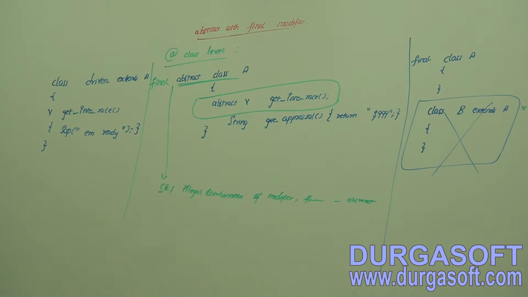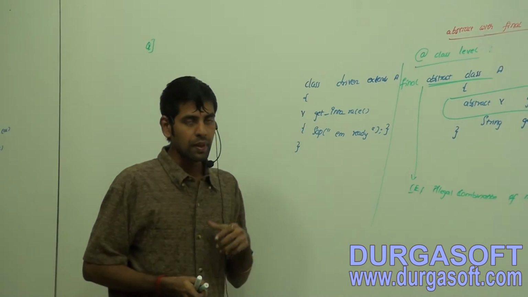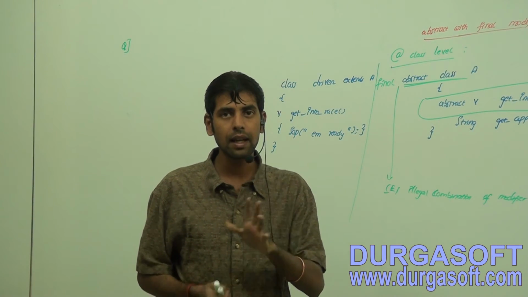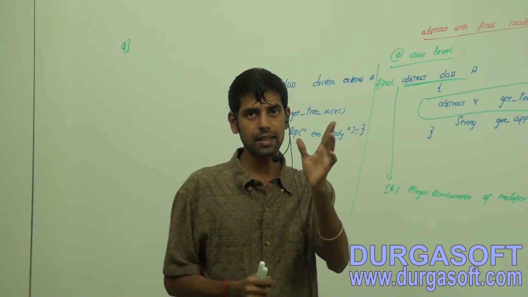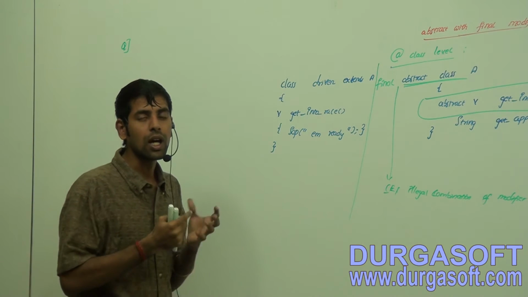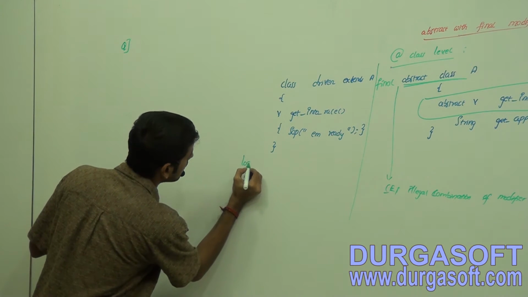Now try to observe here. Can abstract class contain final methods? Observe here, I have given even the reason. Thing is what? You have to manage it, or else let me write that logic here. What is that?